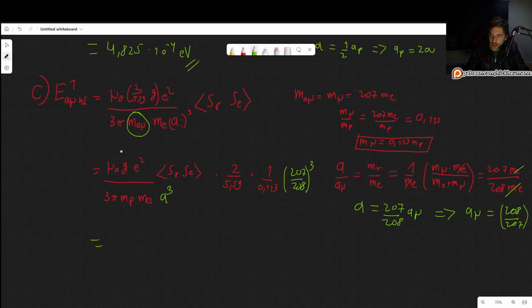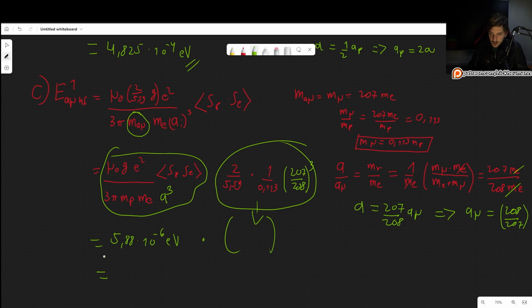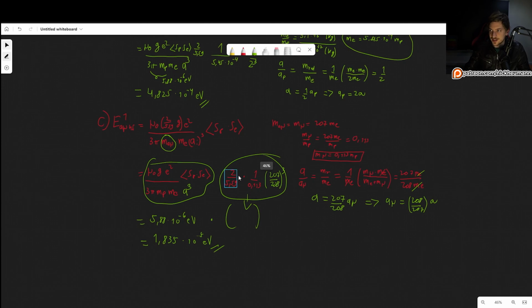So now we can calculate this. This is what we already know, right? This is 5.88 times 10 to the minus 6 electron volts. And then we need to multiply by this entire thing. So by plugging all of this in, we get 1.835 times 10 to the minus 5 electron volts. So there we go. This is the result for part C.